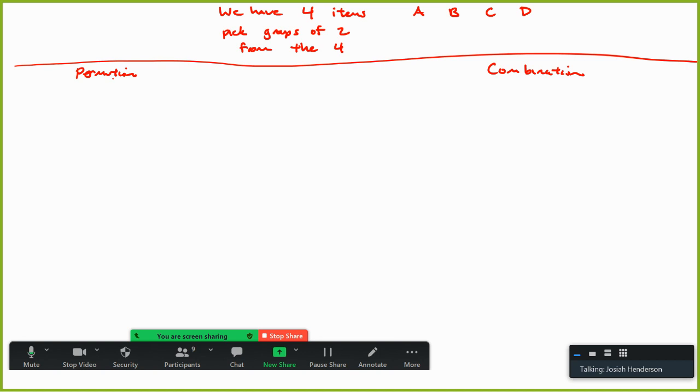So permutation means the order matters. So let's try the problem picking groups of 2 from a total of 4. How many different ways are there to list groups of 2 from 4? So that's 4 pick 2. So 4 factorial over 4 minus 2 factorial.